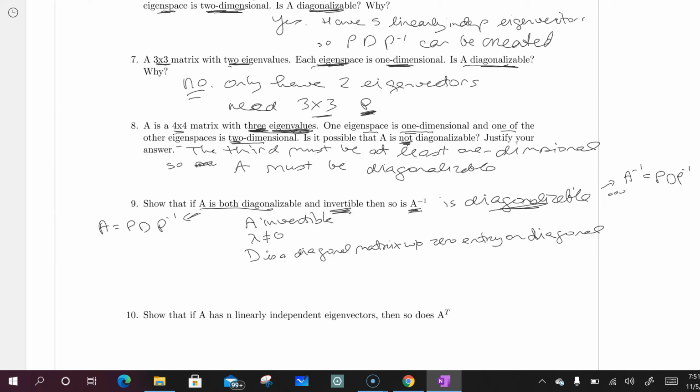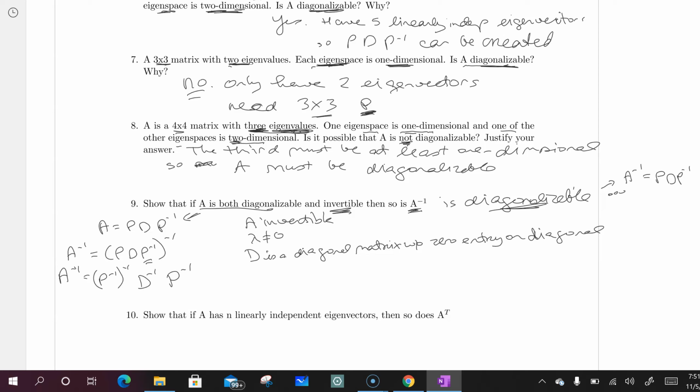Okay, so I need that because I'm going to take the inverse of both sides, so let's do PDP inverse, inversed, right? I know A is invertible, so that's just A inverse. Remember how to play with this? You switch the order, right? So this is P inverse inversed, D inversed, and then P inversed.